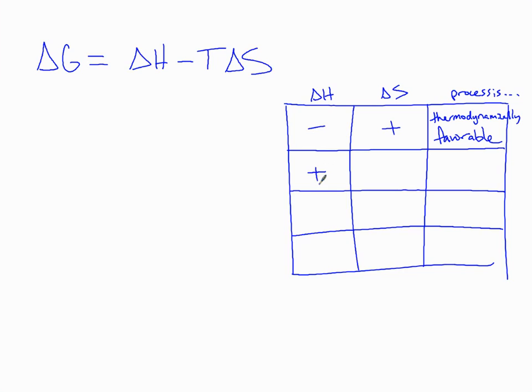When delta H is positive, which means it is absorbing heat energy, and delta S is negative, which means things are becoming more orderly, I'm going to shorten this to say unfavorable.